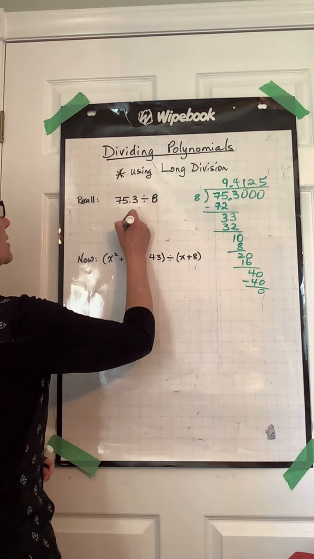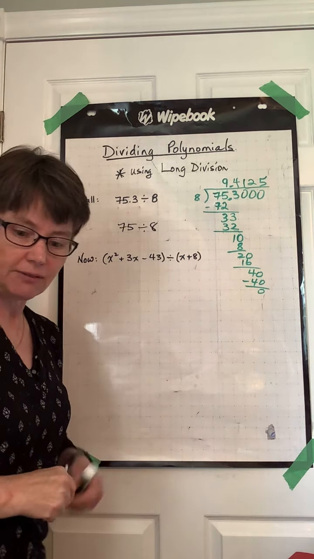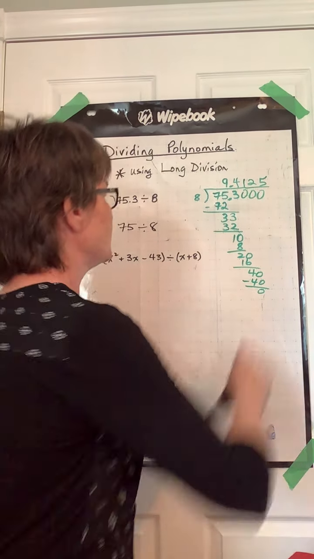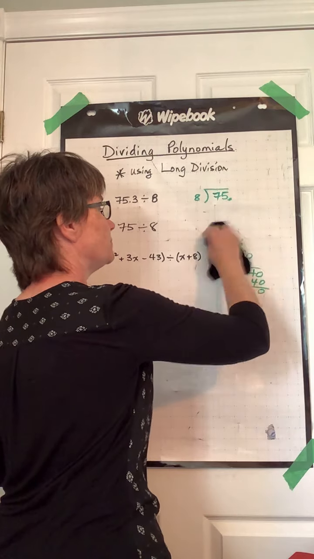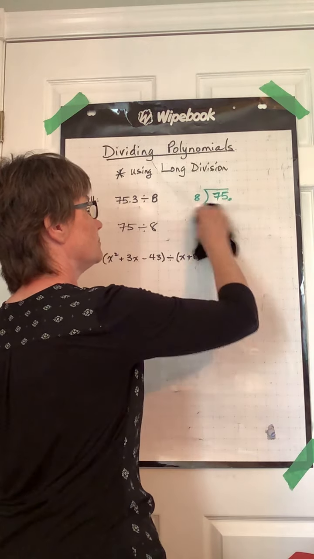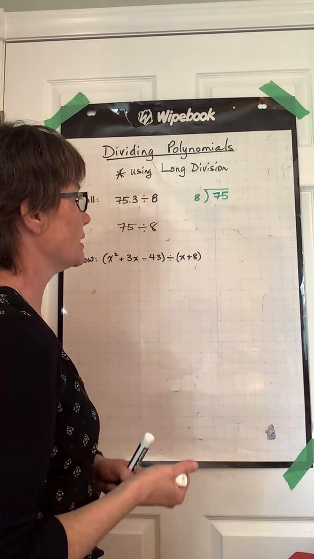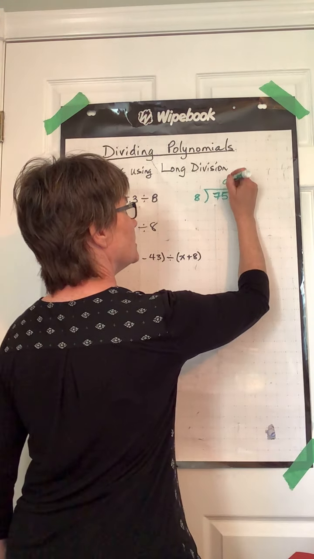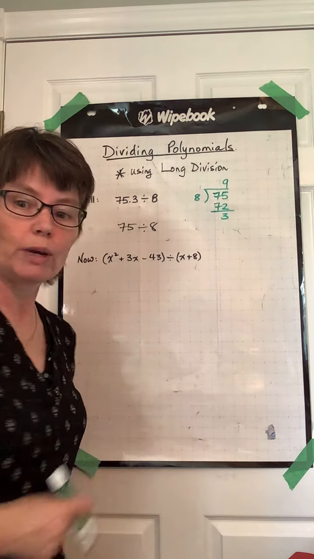Let's look at another example, just 75 divided by 8. All right, so 75 divided by 8 instead of 75.3. So let's see how that looks different. 75 divided by 8. So again, 8 9s are 72. We've got 3 left over. Now we have a choice here.